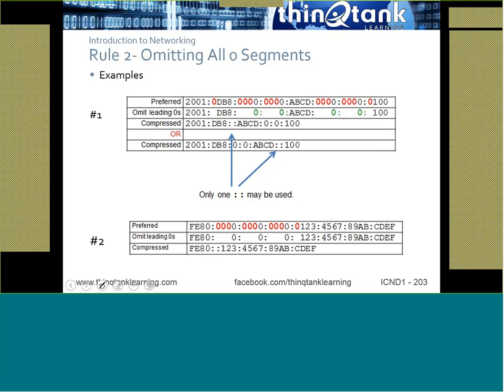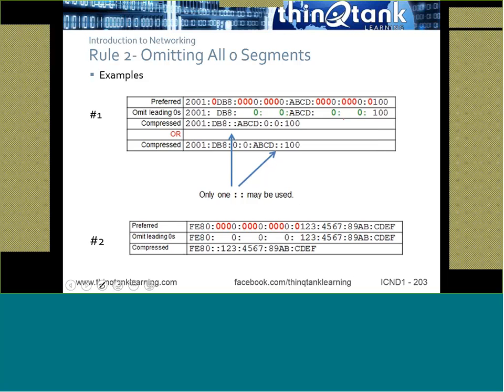So let's review before we move on to the next couple of slides. We have quite a bit left in this section. We've got about 35 minutes left. We should be able to finish this chapter. Number 1, IPv6 addresses are 128 bits in length. Number 2, they're written in hexadecimal format in blocks of 16 bits called hextets.